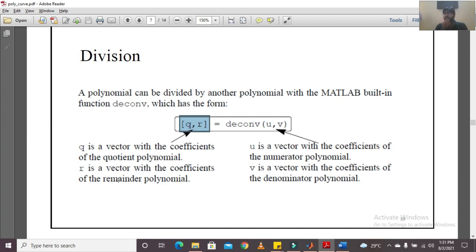When you divide a polynomial, the quotient represents whatever answer you get after division, and the remainder is whatever remains. This is a new thing here.